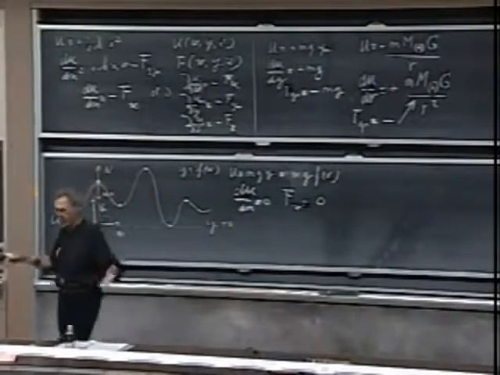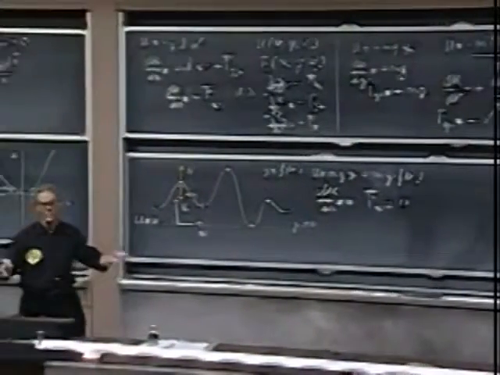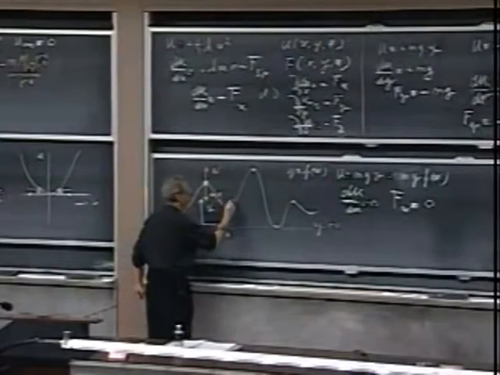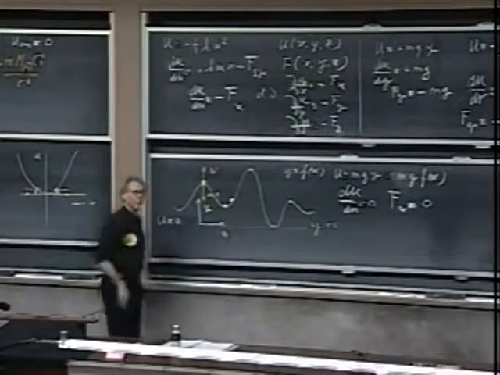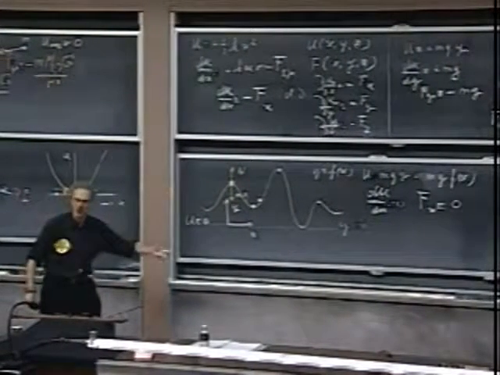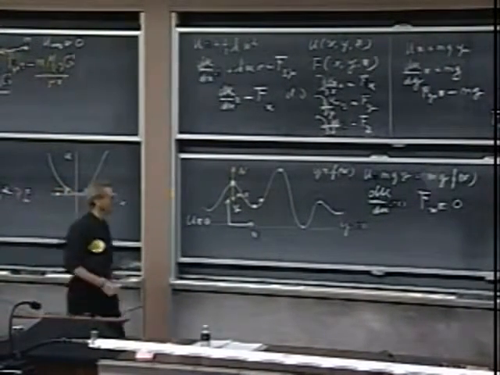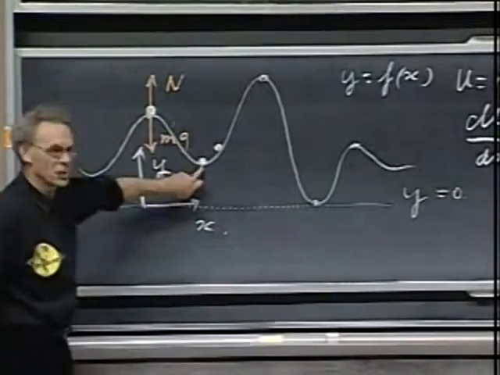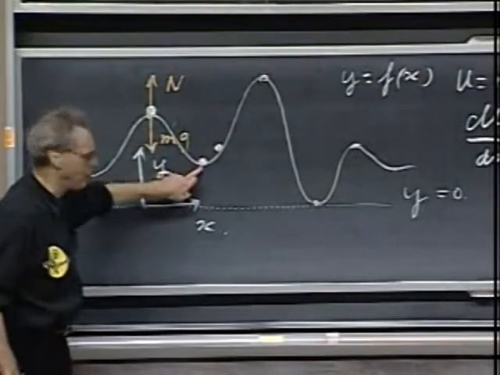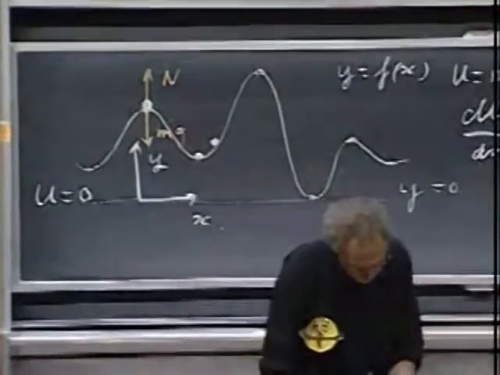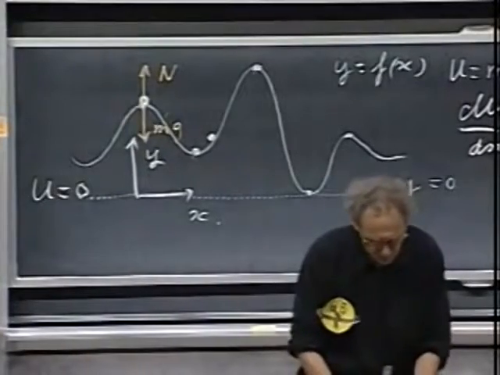In fact, what will happen is it will go to a lower potential energy. Here, however, if this one is offset, the force is always opposing the direction of increasing potential energy, so the force will drive it back, and that's why we call this a stable equilibrium. It will always go back to that point, and this is an unstable equilibrium.